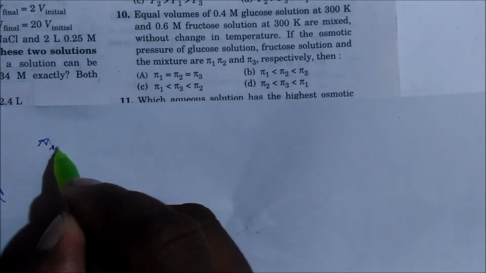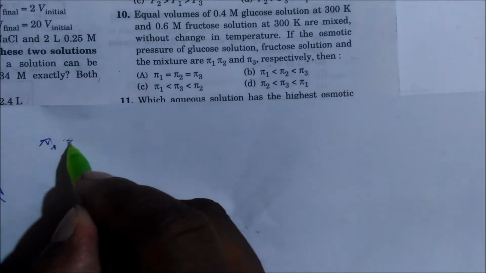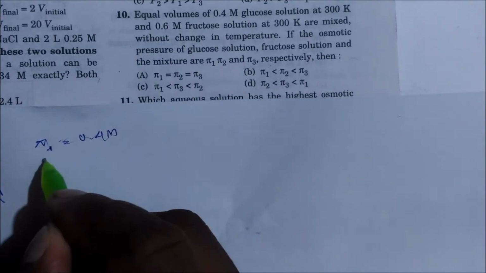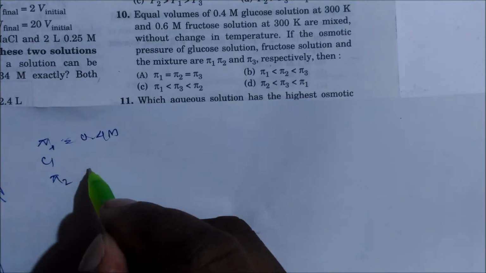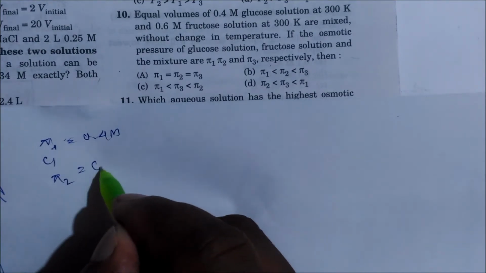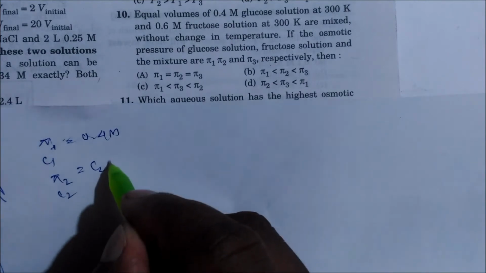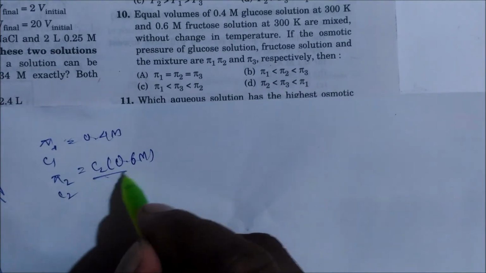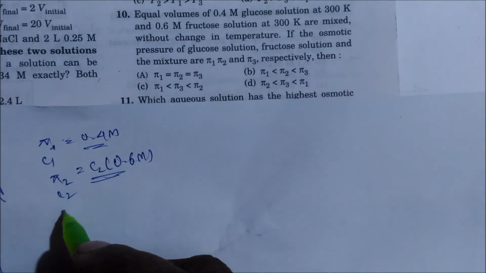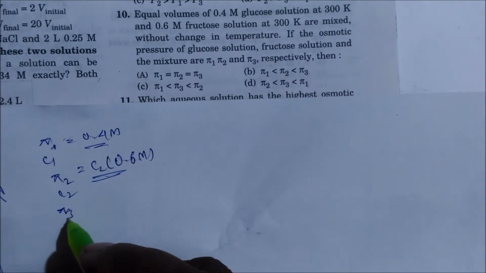The first case is 0.4 molar concentration, that is the C1 solution. And next is pi 2, the C2 solution. C2 solution is how much? It is 0.6 molarity. So this is fructose and this is glucose. And the mixture is pi 3.